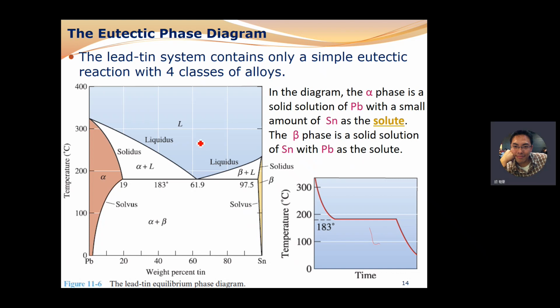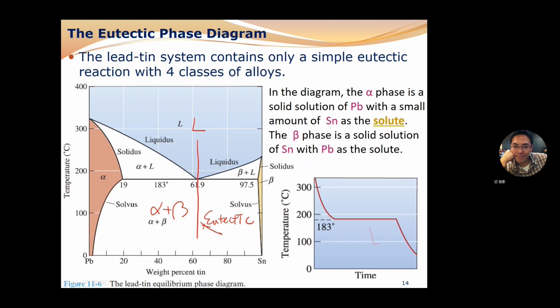Therefore, we can draw a eutectic reaction here. There's no two-phase region here. So you are converted from the liquid phase into two solid phases. Okay, so try to write down its eutectic reaction.